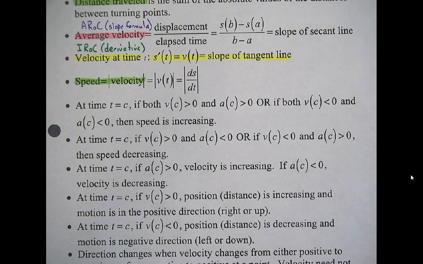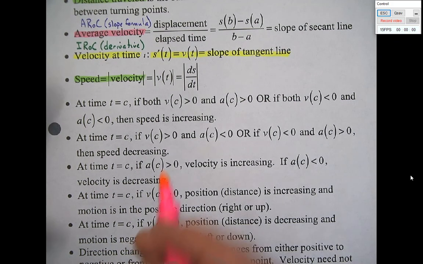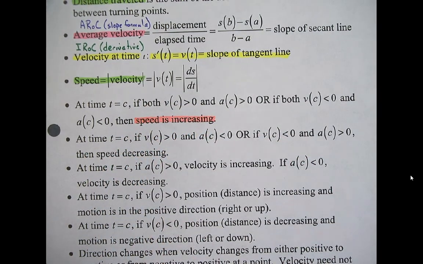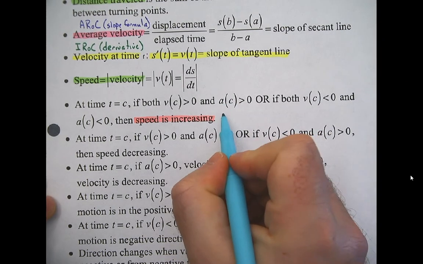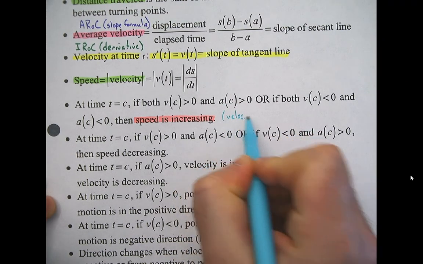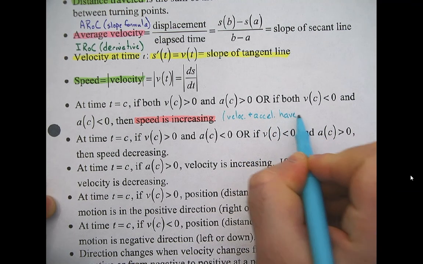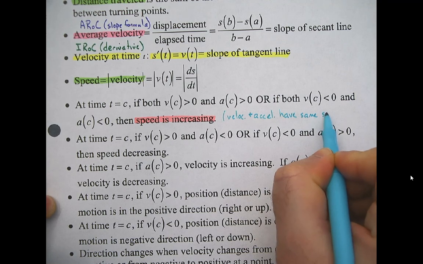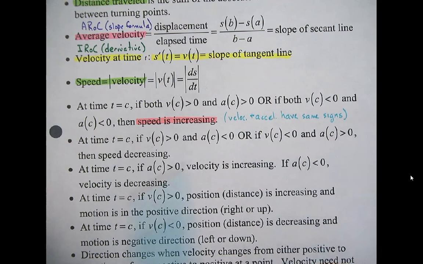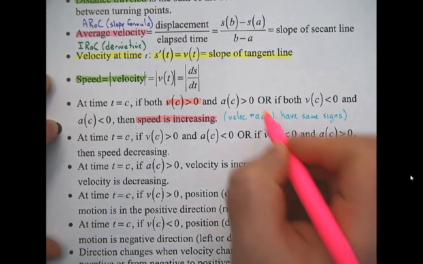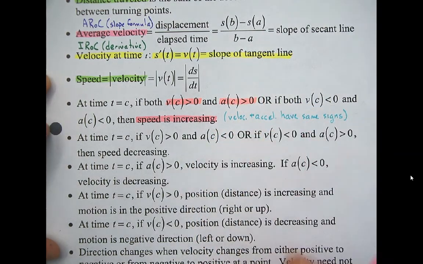Okay, now this is where it gets kind of confusing. When is the speed increasing? My speed is increasing if velocity and acceleration have the same signs. So if I am going to the right, my velocity is positive. And at the same time, my acceleration is positive.